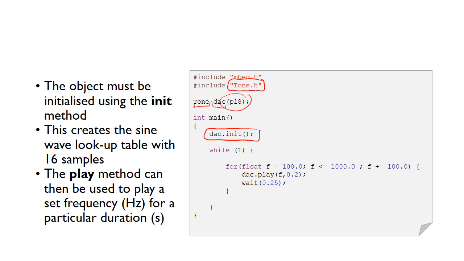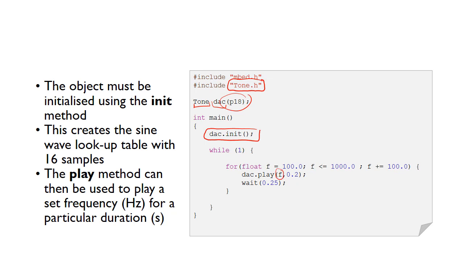This creates a sine wave lookup table with 16 samples that we saw before. And then we can use a play method that can be used to play the set frequency for a particular duration. In this example, the first argument in the play method is the frequency f.